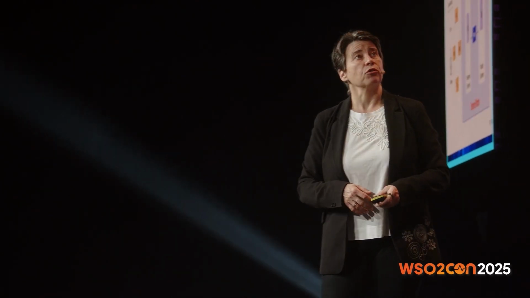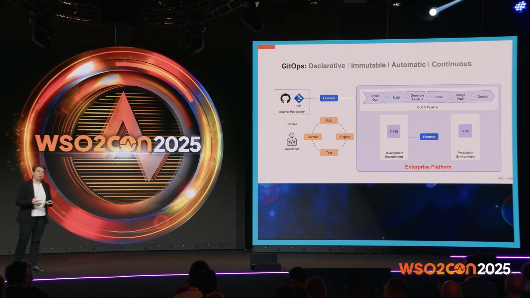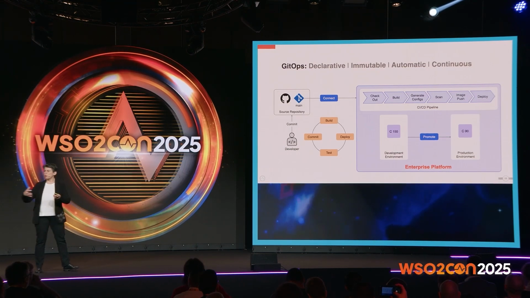So that's very important. And this is where we get into the notion of GitOps, right? Which is to describe everything as code. This is kind of an extension of infrastructure as code.